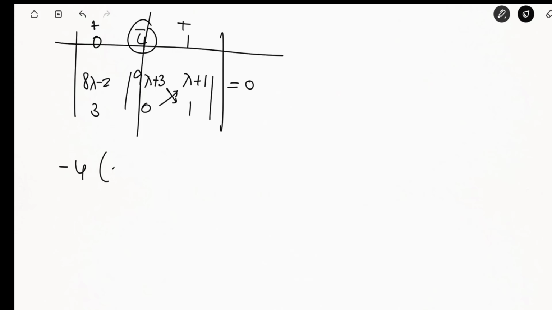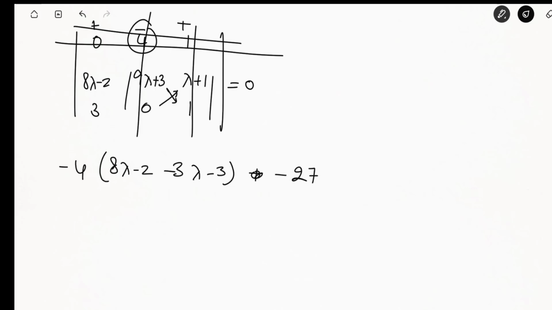This will become 8 lambda minus 2 into 1 minus 3. 3 times this: 3 lambda minus 3 plus 1, and exclude these. So this will be 0 and minus. So minus 27 lambda minus 9 equals 0. And if you solve this, you will get value of lambda as 11 over 47.